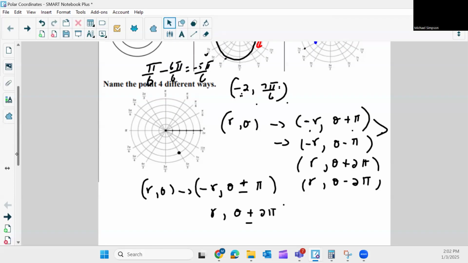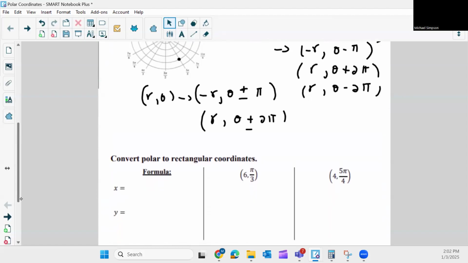All right, guys. This is just practice on these and straightforward. All right, let's jump on to converting polar to rectangular coordinates now. This can be a little bit confusing because we end up doing 4 different ways of going back and forth with these things. So what we're saying is this: we're going from polar to rectangular.